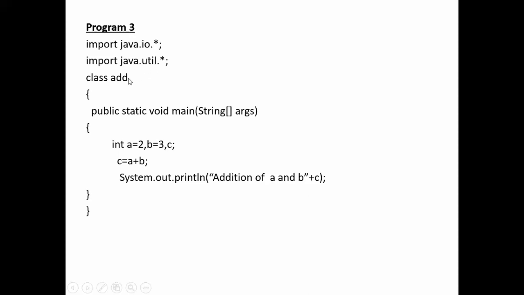We have two types of inputs: at compile time we provide the input, and at runtime we provide the input. In this program I provide the input at compile time. In the next program I will teach you how to provide the input at runtime.